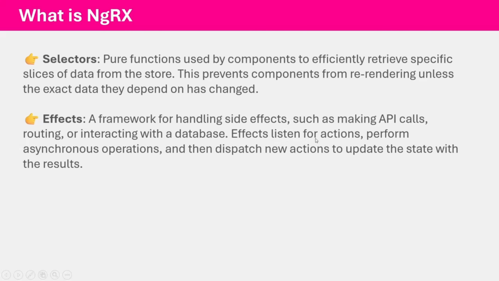So effects listen for actions, perform asynchronous operations, and then dispatch a new action to update the state with the result. These are the five important concepts of NgRx to start working with state management in Angular. We also have other libraries, like NgRx Data, NgRx Entity, and NgRx Router Store. These are extra libraries which NgRx provides for state management, and we are going to cover them in this course as well.